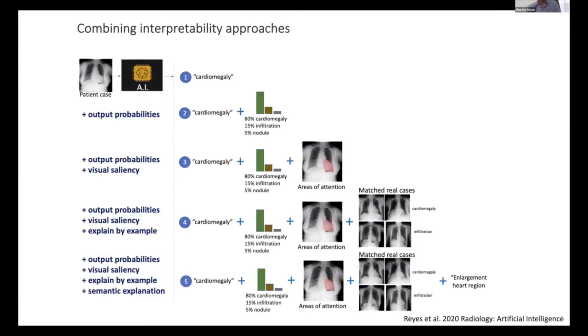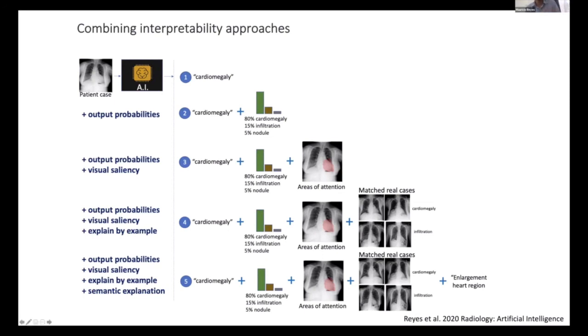Now, I think it's important to mention we can combine these approaches. We can have the typical output probabilities of a neural network, right? We know this is not sufficient. We can combine it with areas of attention or saliency maps, so we can show which areas of the images are important.